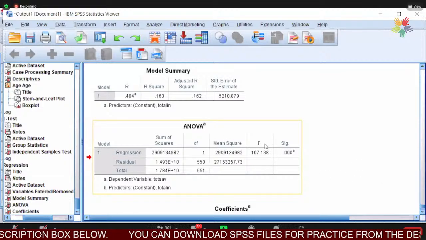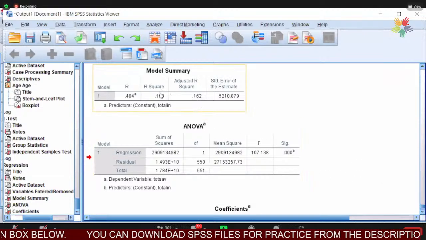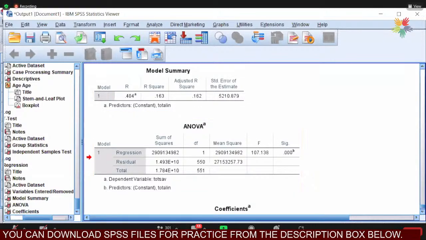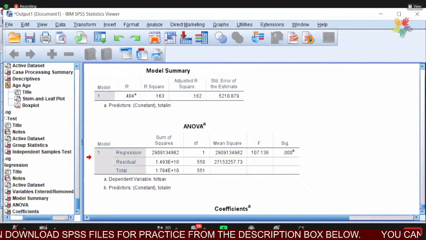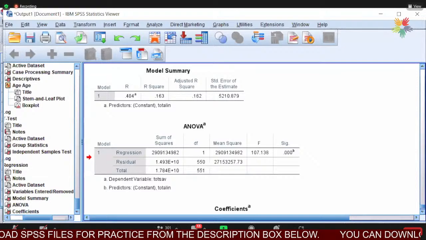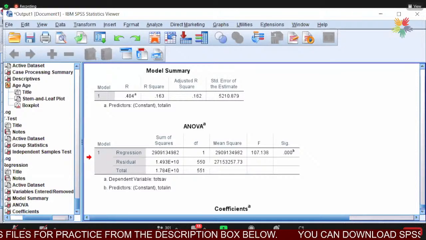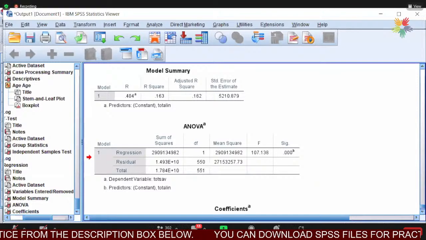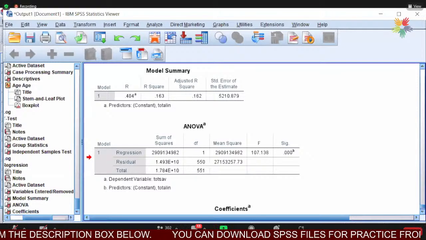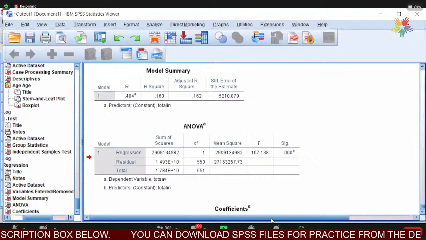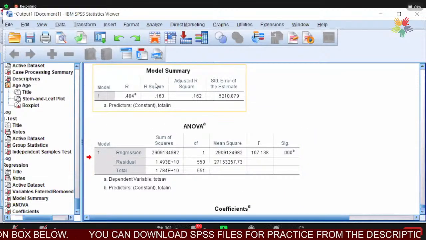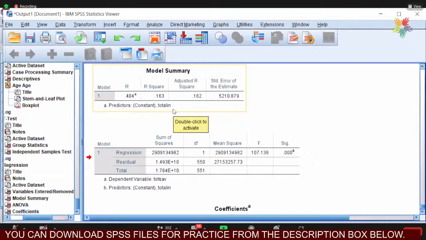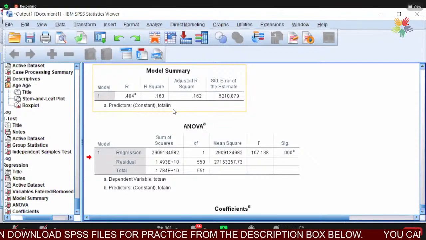Okay, now next is this ANOVA table. Why are you getting the ANOVA table? In many places people are struggling. For example, we say R square is 0.16, which means the degree of determination is 16%.